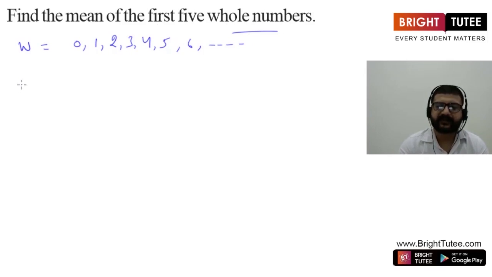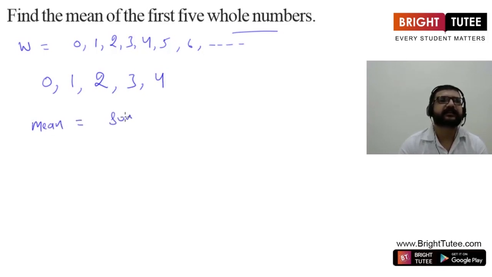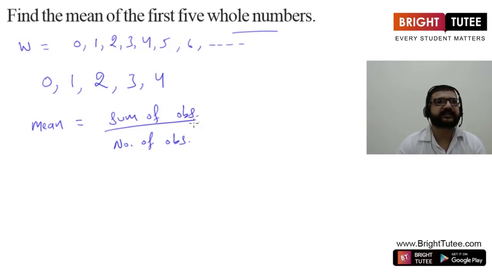Now let's write the first 5 whole numbers. It will be 0, 1, 2, 3 and 4. So these are the first 5 whole numbers. Now mean will be equal to the sum of observations divided by the number of observations, that is the ratio of the sum of observations and the number of observations.